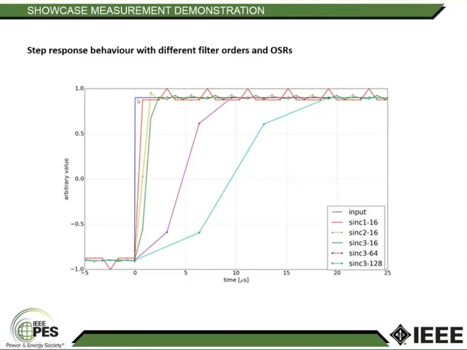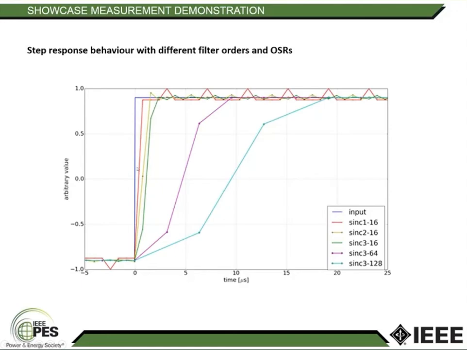with different oversampling rates. Now, let's look at the sinc 1 filters first, the red line with the sinc 1 and an oversampling rate of 16, the sinc 2 in yellow with an oversampling rate of 16, and the sinc 3 in green with the same oversampling rate.